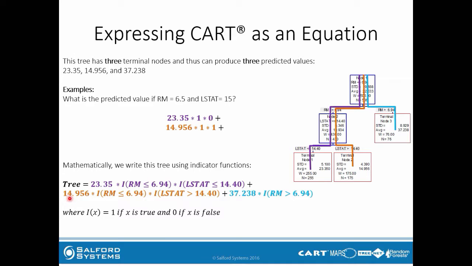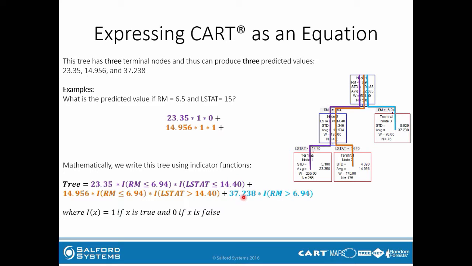Now, we still have 14.956, and what we'll do is we'll plug in our 6.5 for Rm, and that satisfies this condition, so we have a 1. And then we'll plug in now 15 for Lstat, and that actually is greater than 14.4, so we'll have a 1 here.